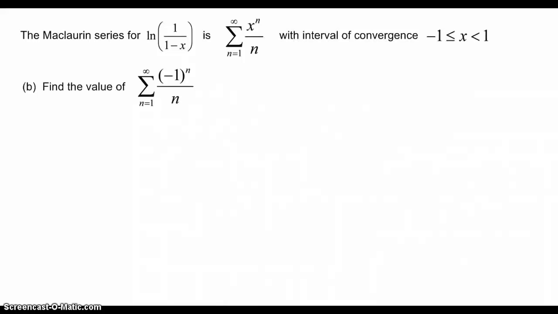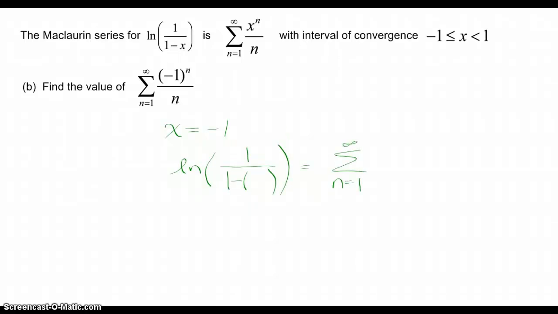So same series expansion, and it says find the value of the sum of -1 to the n over n. Well, notice what that is doing. Basically, it's saying x equals -1. So if x equals -1, remember the sum of any series is the function that goes along with it.